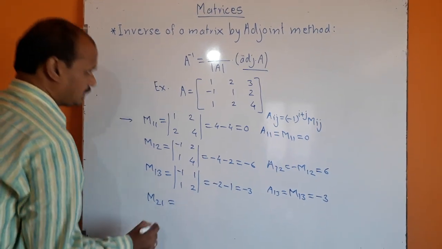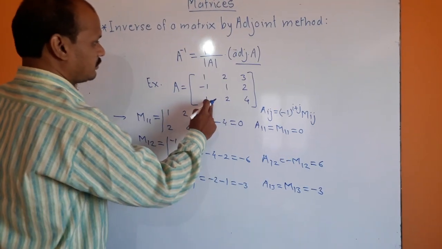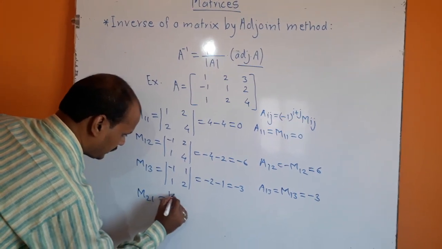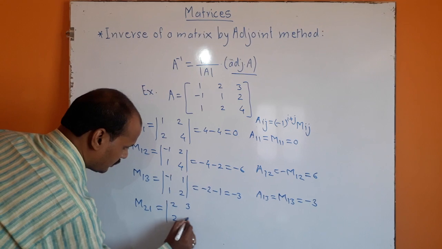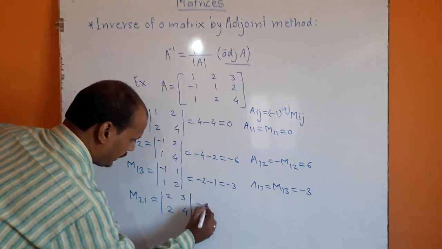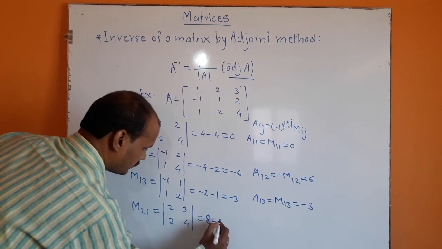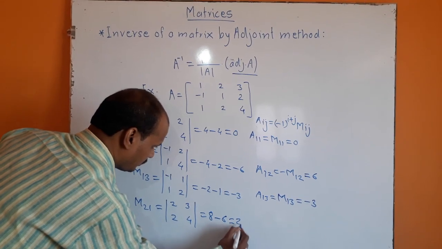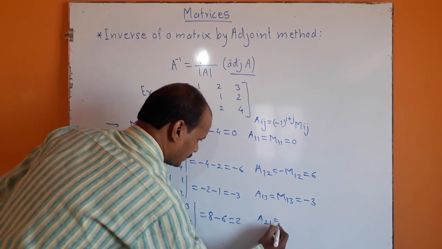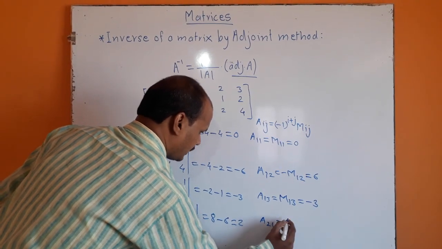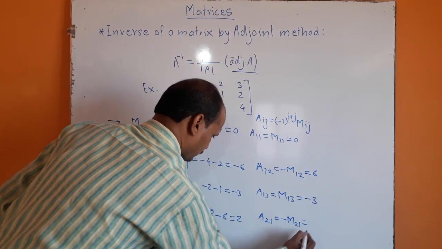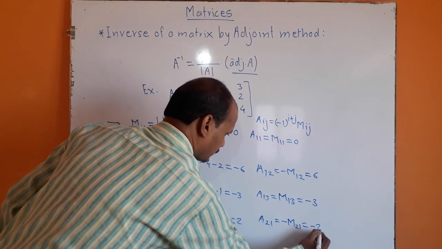M21, deleting the second row and first column: determinant [2 3; 2 4], which is 2 into 4 minus 3 into 2, that is 8 minus 6, equal to 2. For A21, 2 plus 1 is 3, odd. Therefore A21 is equal to minus M21, equal to minus 2.